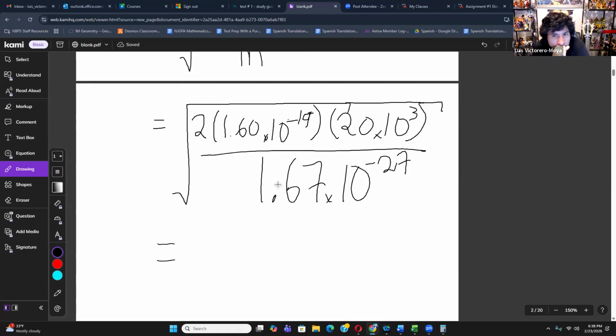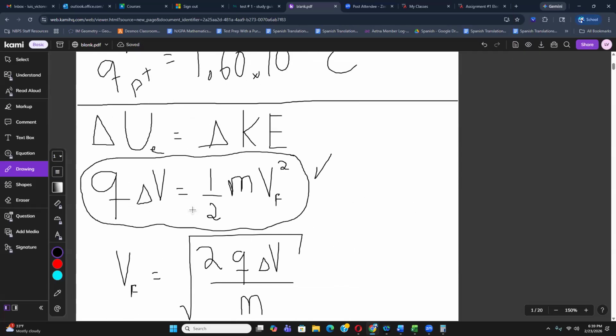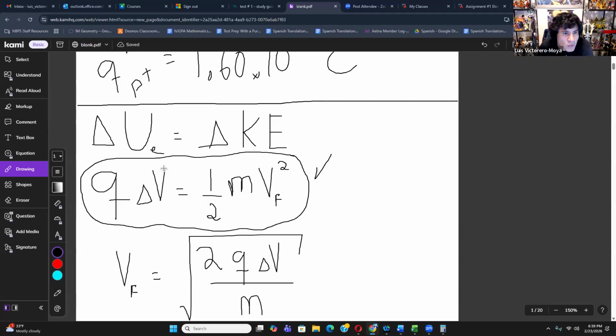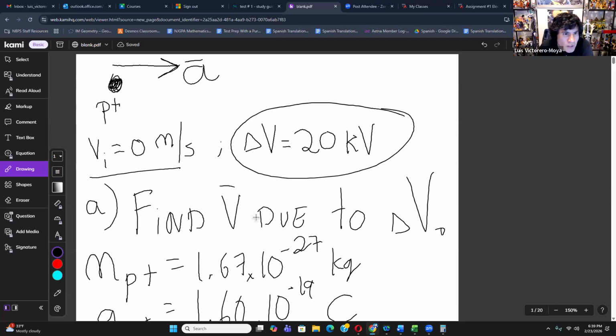Is there a question about this? On how I got this expression? Could you please show the formulas we're applying and explain why we apply them? Yeah. So delta U is this formula, and this is just kinetic energy. You're using conservation of energy because there is no other force acting.